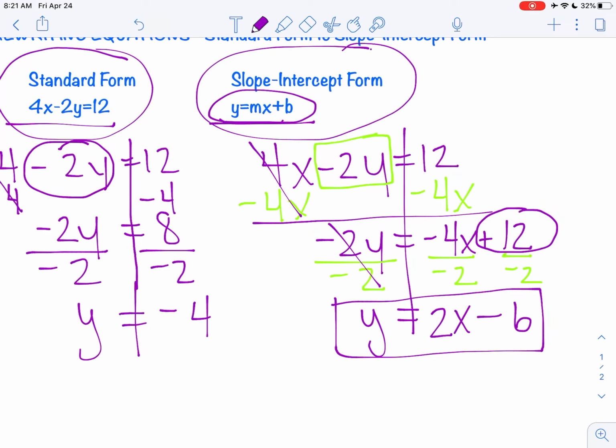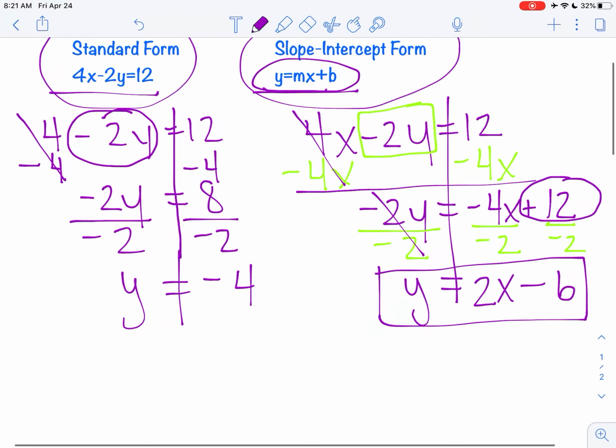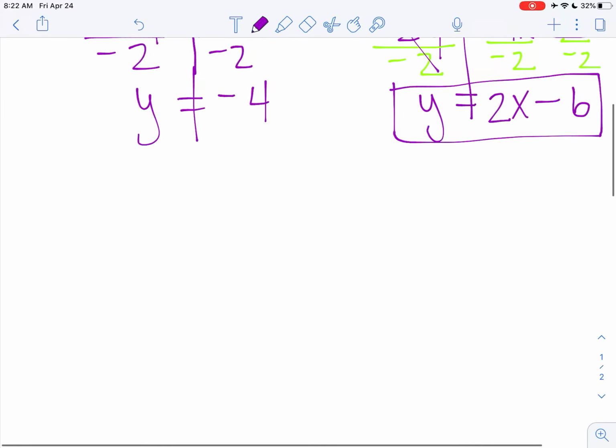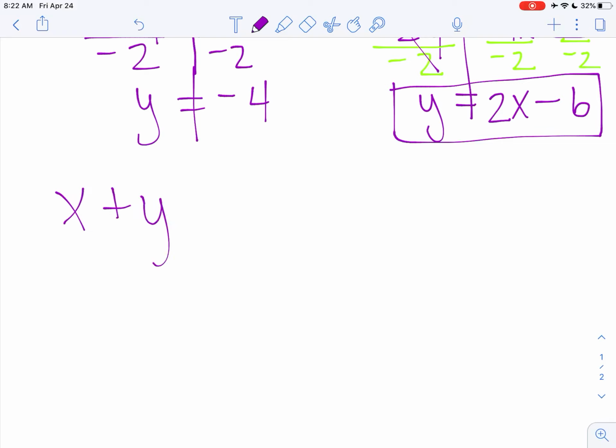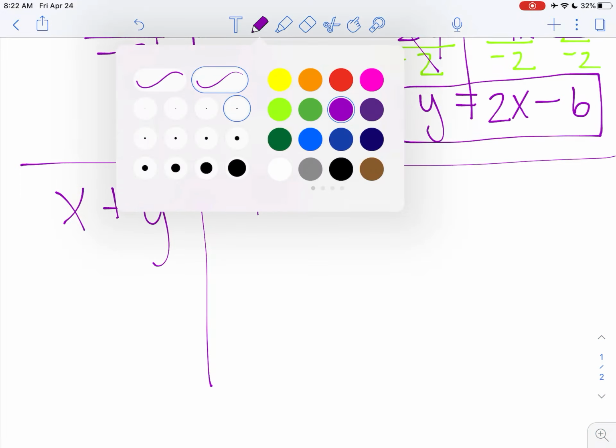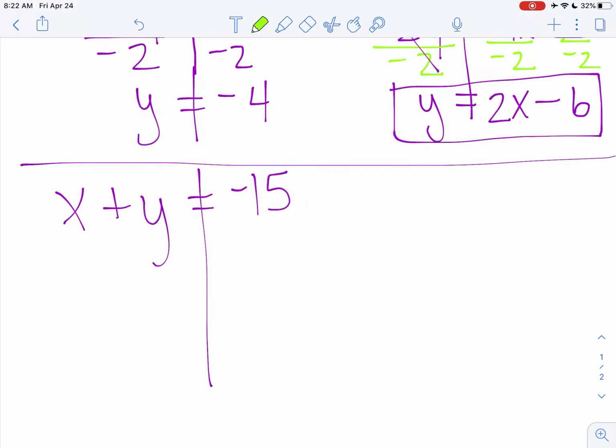Okay, I'm going to do 2 more examples for you here, and then I'm going to let you be on your way. So our next example is x plus y is equal to negative 15. Now this one's a little bit easier because we don't have any coefficients to work with here. So I simply need to isolate this y.